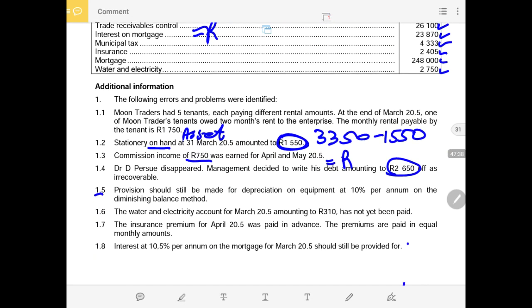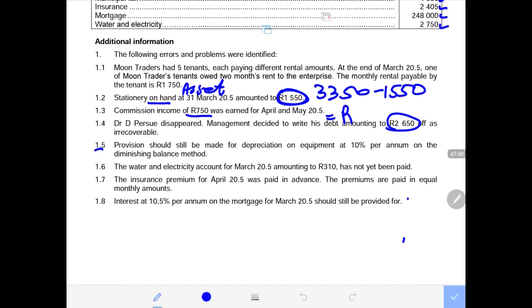Then we go to the next adjustment 1.6. Only two adjustments left. The water and electricity account for March amounting to 310 has not yet been paid. Has not yet. Remember, this is accrued. The words not yet mean accrued.